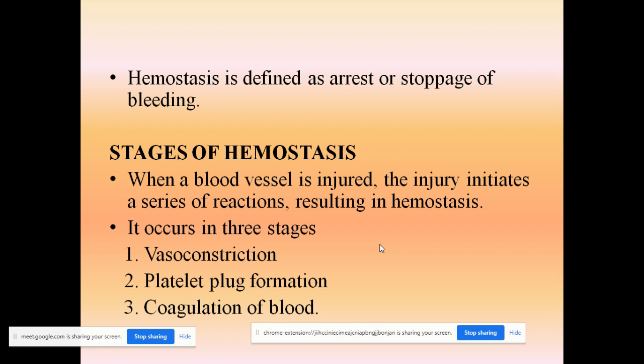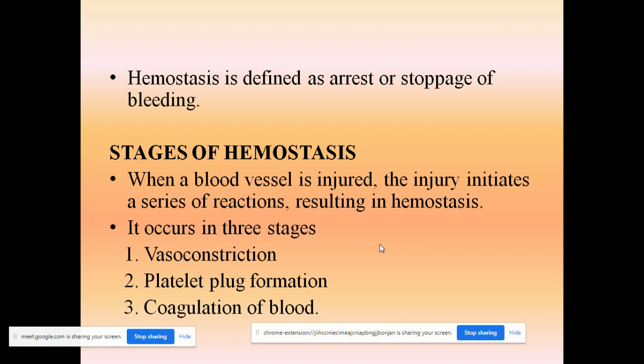Constriction means the diameter becomes lesser. Dilation means the diameter is increased. So these two conditions, vasoconstriction and vasodilation, take place at different times. These are the two important mechanical functions of the blood vessel.